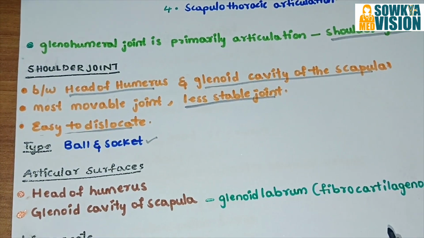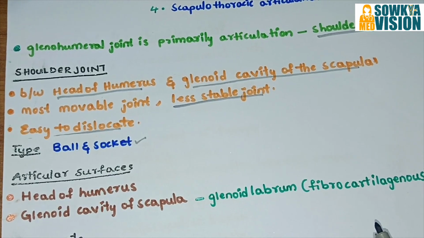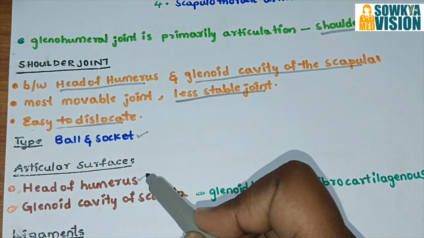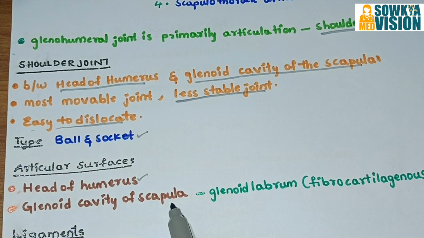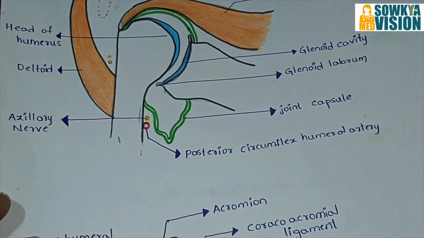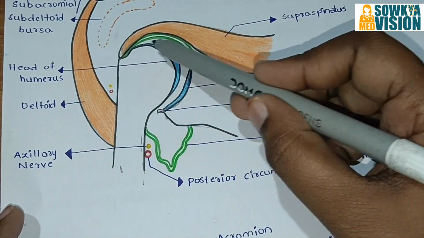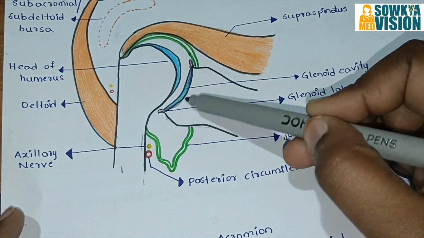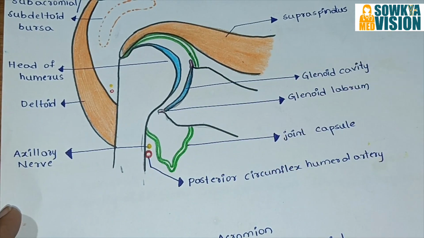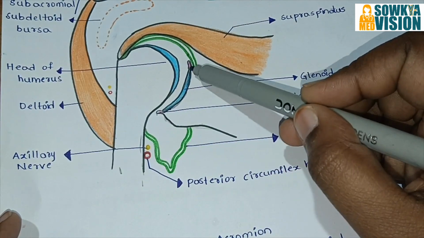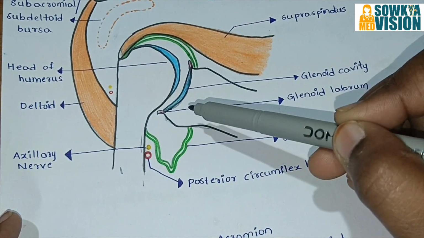And now what are the articular surfaces? The articular surfaces are the head of the humerus and the glenoid cavity of the scapula. As we discussed, there are two surfaces. What are the two surfaces? One is the head of the humerus, another one is the glenoid cavity of the scapula. The glenoid cavity of the scapula is lined by what?